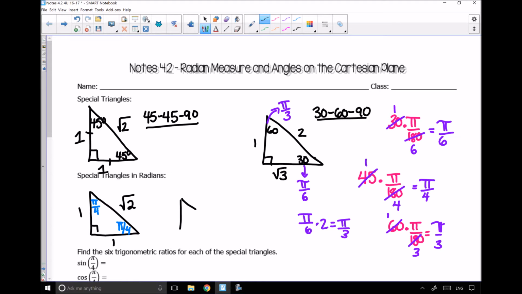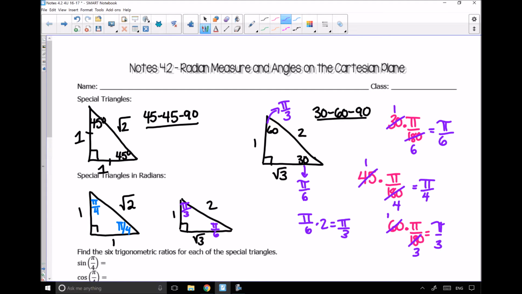It's the same ratio of sides, except this is going to be 1, root 3, 2. There's nothing different about that. I still have my 90-degree angle there, but now I'm going to say that my 30-degree angle is pi over 6, and that my 60-degree angle is pi over 3.